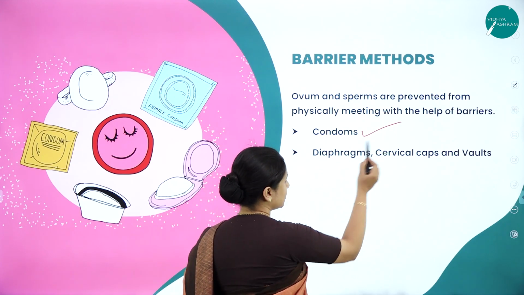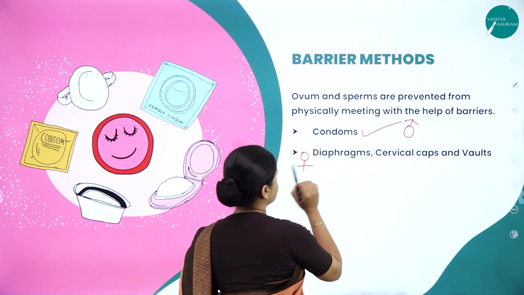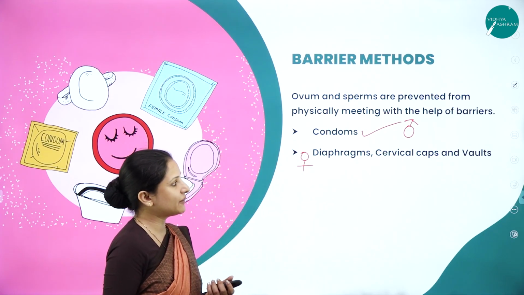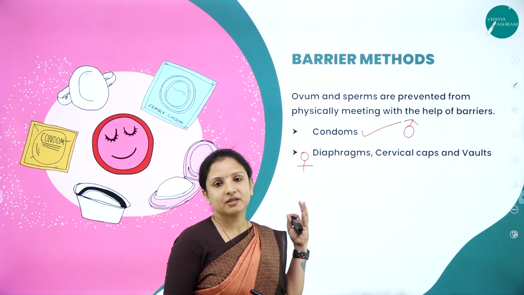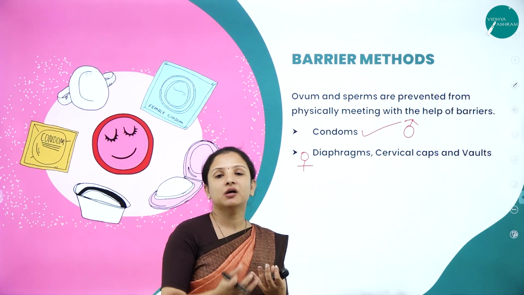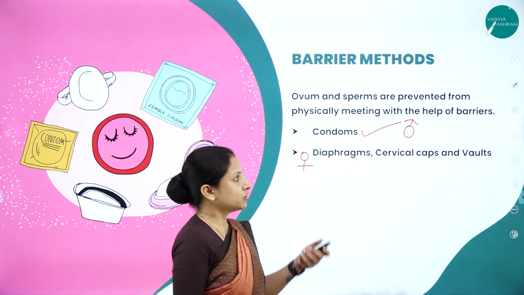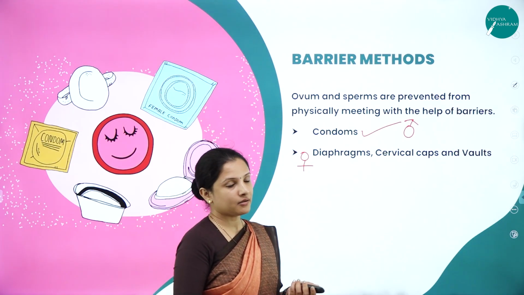This is used by males, and the following are used by females: the diaphragm, cervical caps and vaults. When cervical caps and the like are worn over the cervix, they prevent the sperms from entering the cervix and reaching the ova. So these 2 are the important barrier methods.